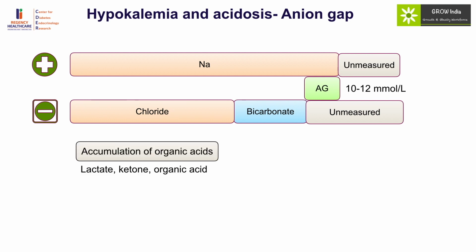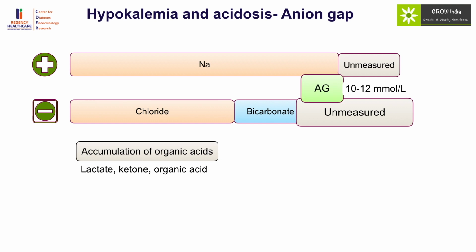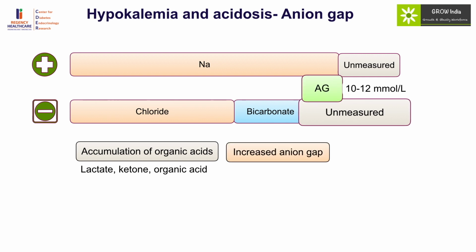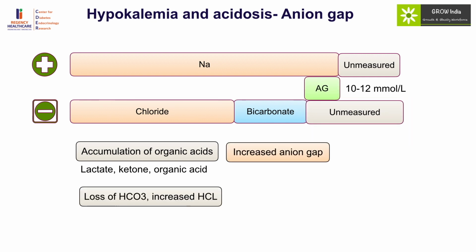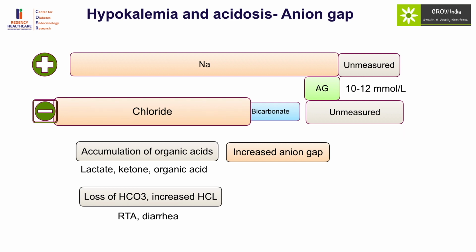Accumulation of organic acids like lactate, ketones and other organic acids causes an increase in unmeasured anions, therefore causing increased anion gap. While loss of bicarbonate or increase in hydrogen chloride levels in the setting of RTA and diarrhea causes a decrease in bicarbonate, which is compensated by an increase in chloride level.